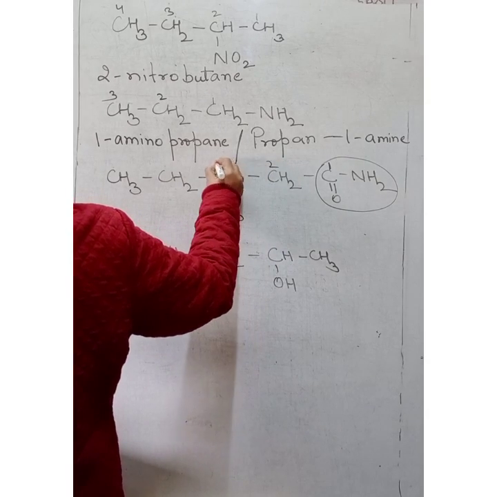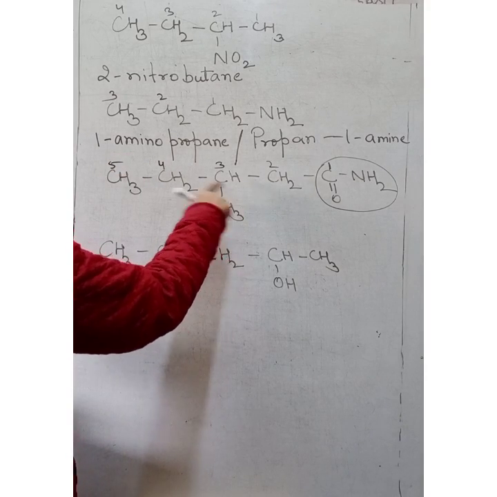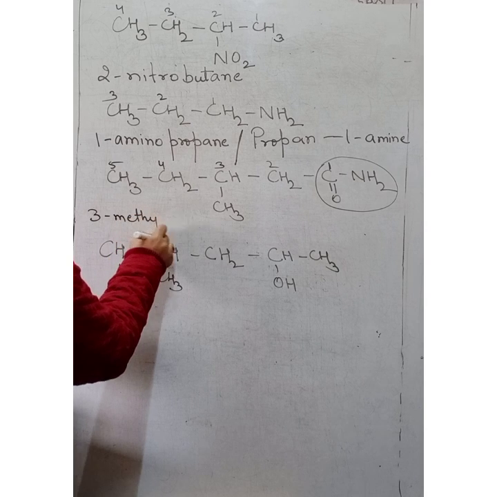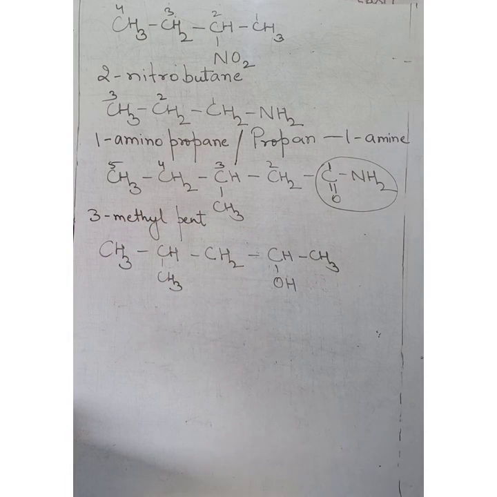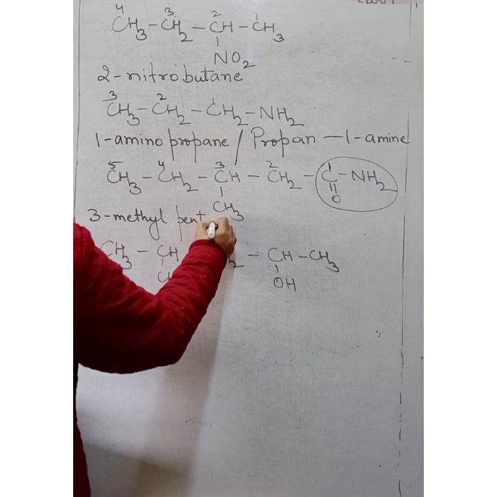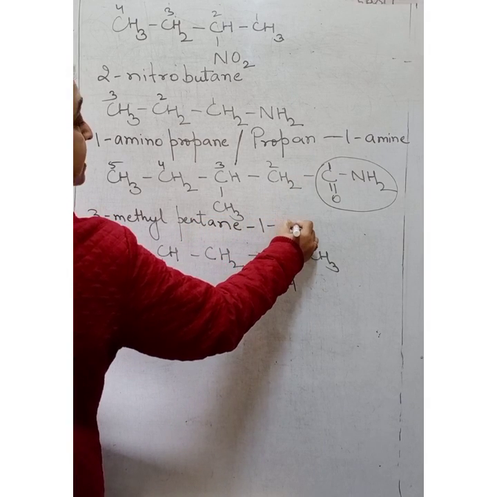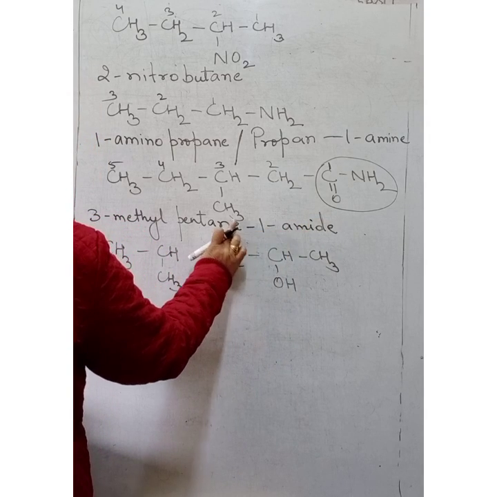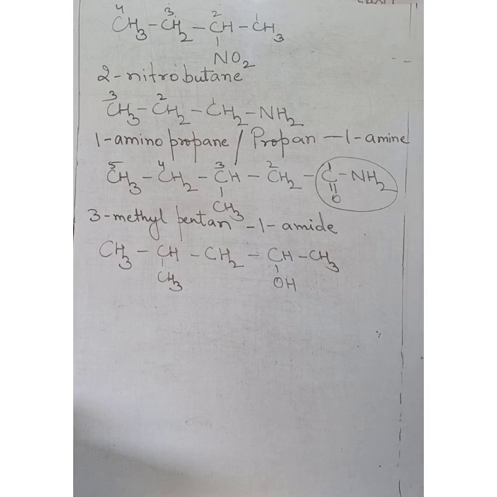So 1, 2, 3, 4 and 5. Now, this is your substituent. So 3-methyl. Your word root is pent. Then your primary suffix is ane. Amide is the secondary suffix used for it. Since it is beginning with a vowel, this E of the primary suffix will be dropped.